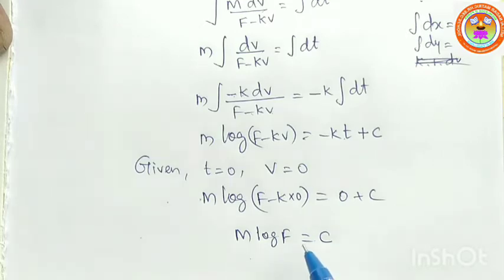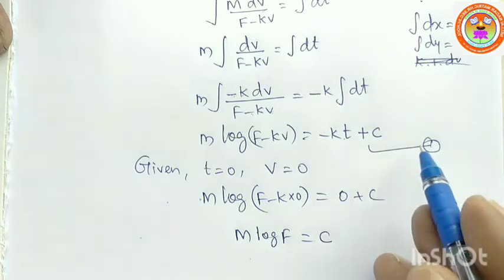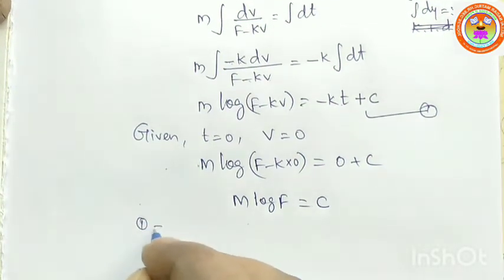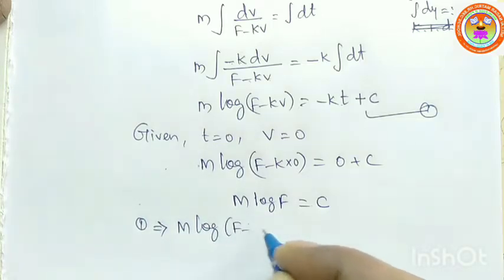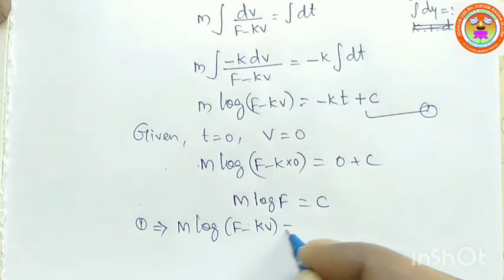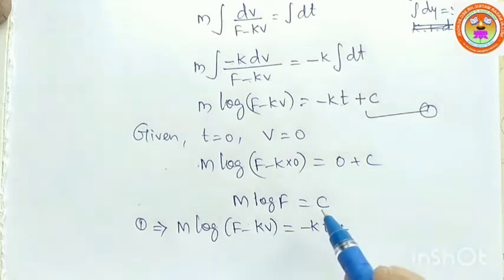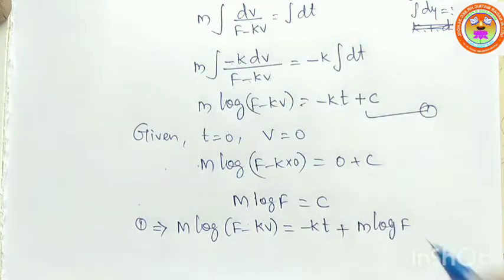If we apply this term in equation 1, we will get m into log of f minus kv is equal to minus kt plus c. The constant c is equal to m into log f.